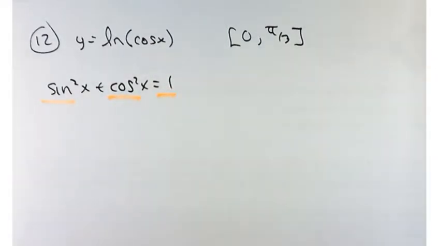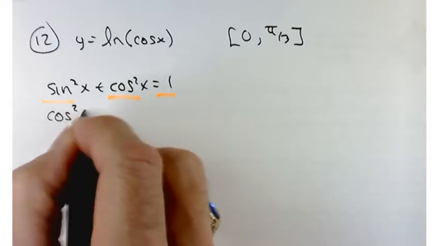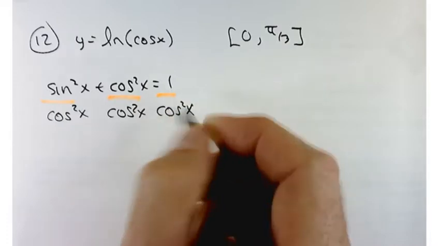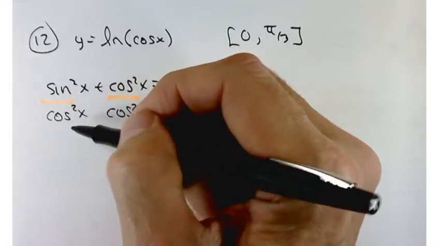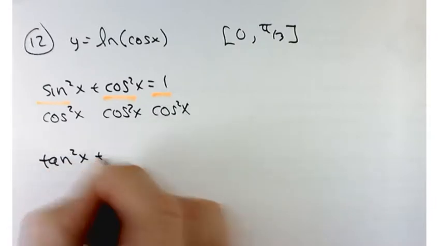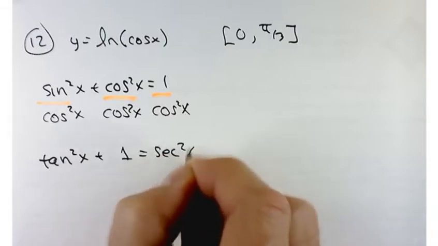Well, what if I took this and divided everything through by, say, cosine squared? Now you get another identity: tangent squared of x plus 1 equals secant squared of x.